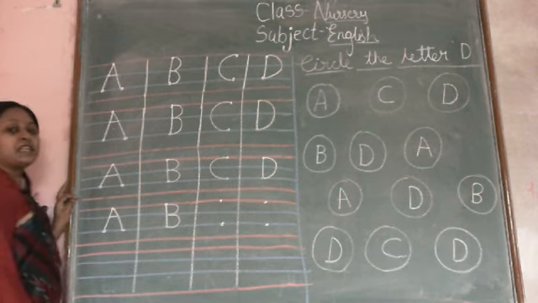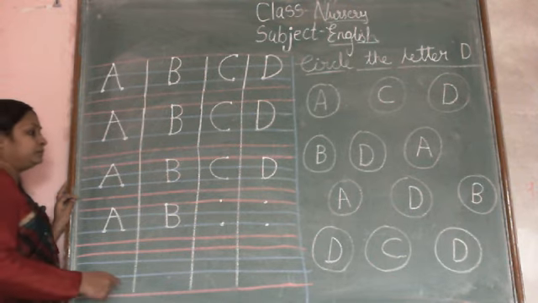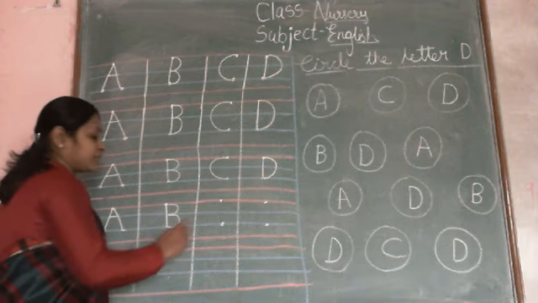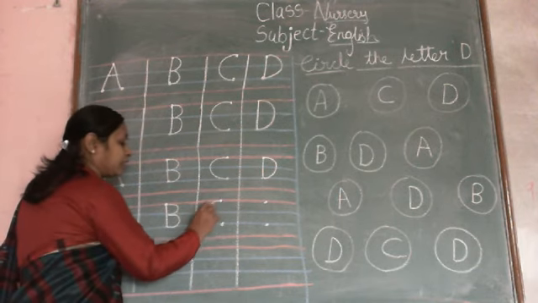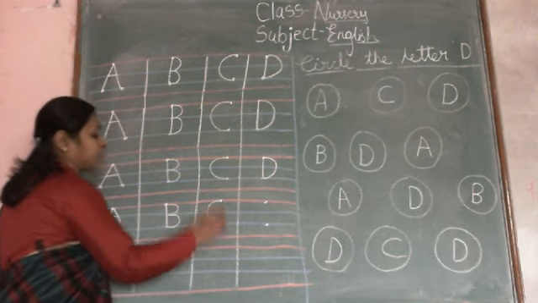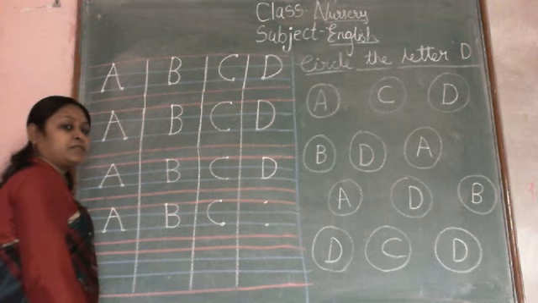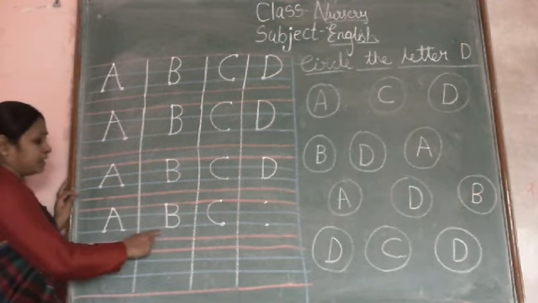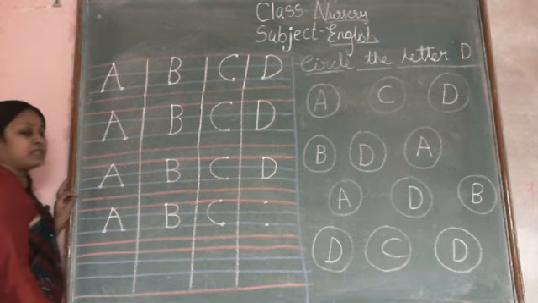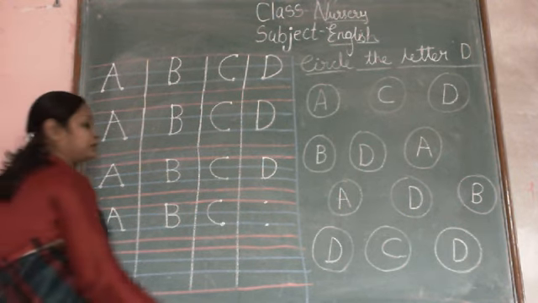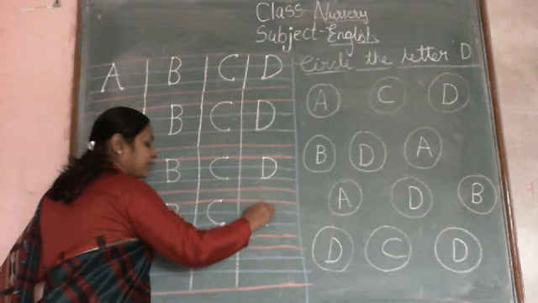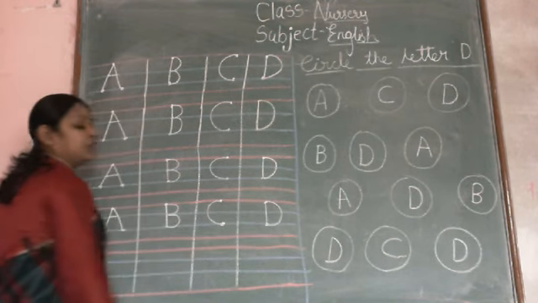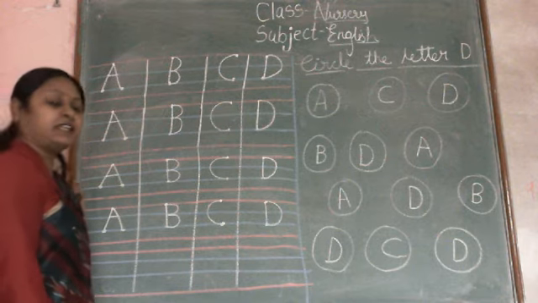B. After B, which letter will come? C. A, B, C. After C, which letter will come? D. Standing line and then curve. Which letter is this? D.